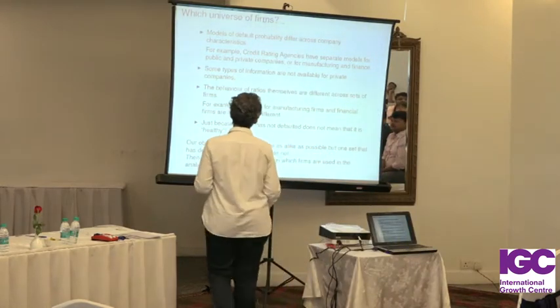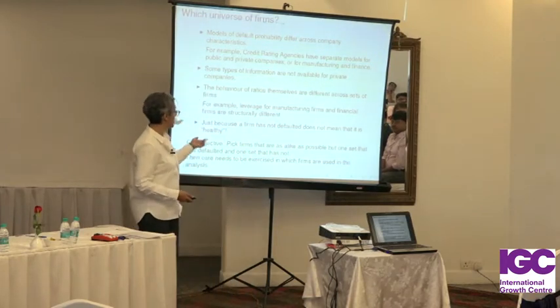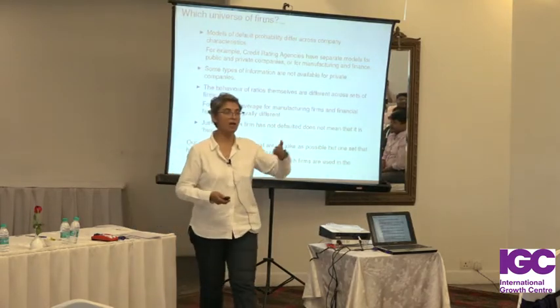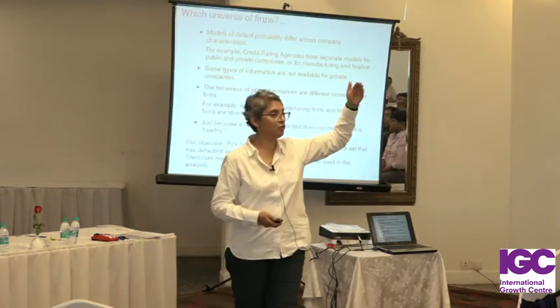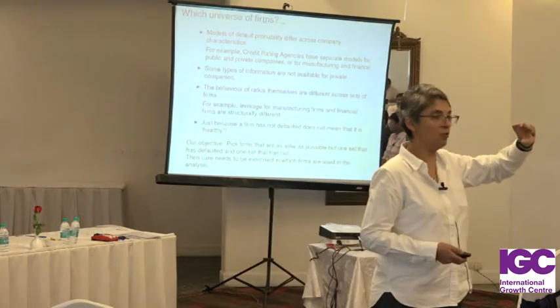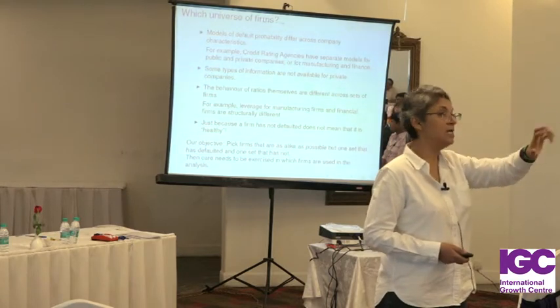The behavior of ratios themselves are different too. The leverage for manufacturing firms and the leverage for banks are very different. Leverage, by the way, stands for how much debt you can take relative to how much equity you've put in. Every firm starts with some amount of equity and some amount of debt.